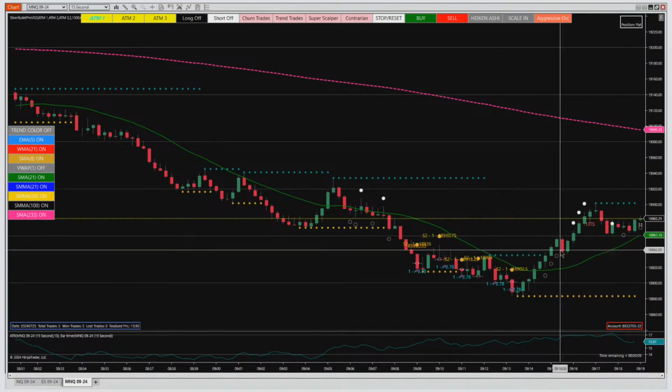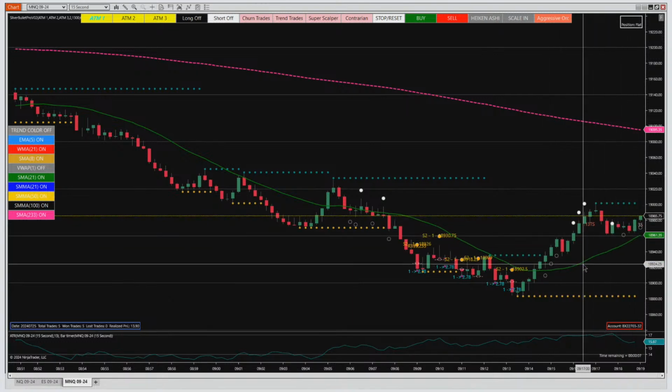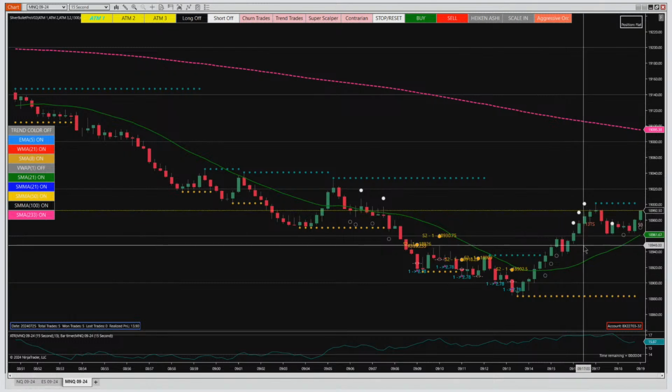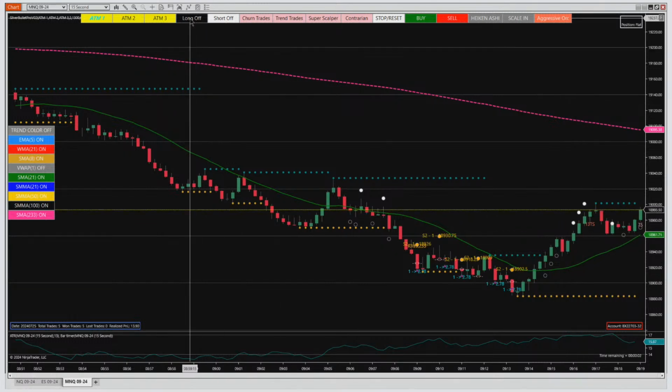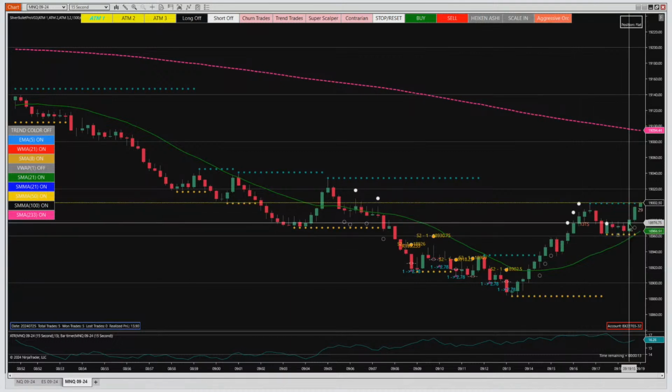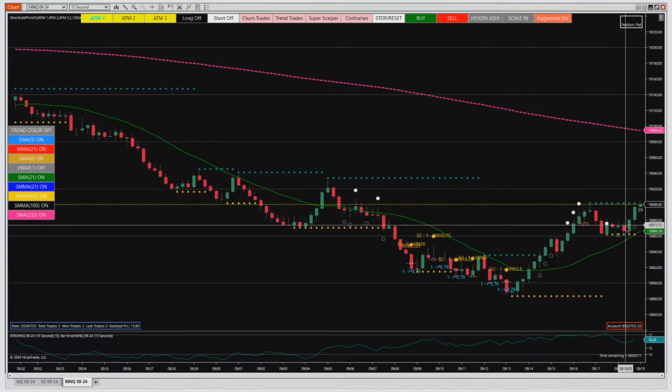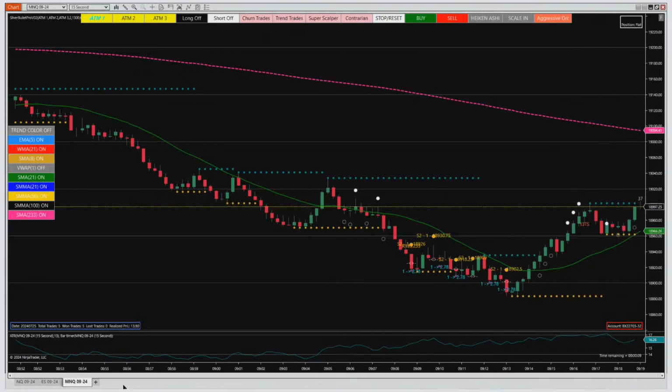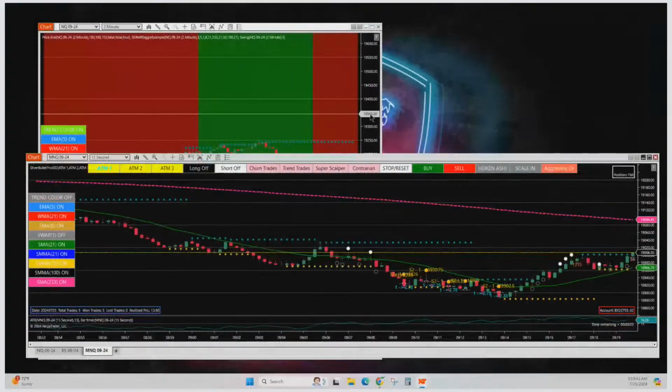In any other day, this would have been a decent long trading pattern. This would have been a very good place to take long trades, but I'm not taking it today because it's a downtrending market. This is like a falling market.